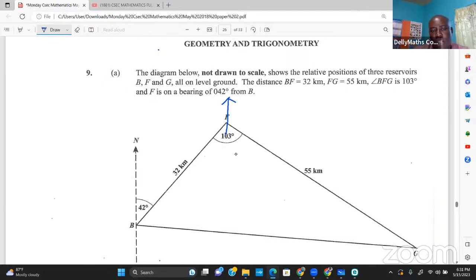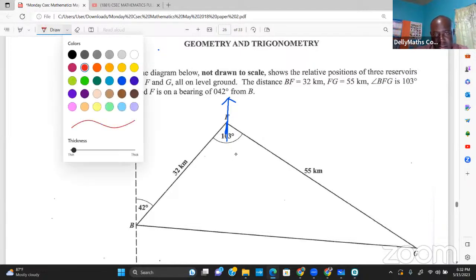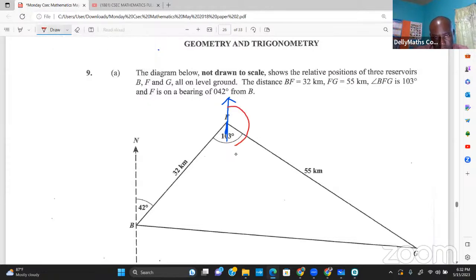All right? You want to drop your north line. So now you want the bearing of B from F. In other words, you want all of this. What you want is all of this. All of that angle.